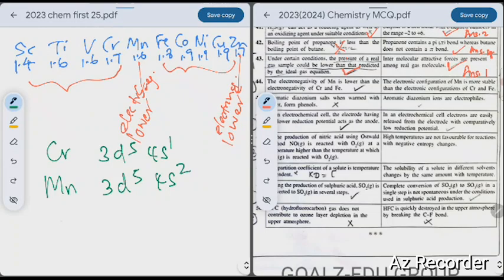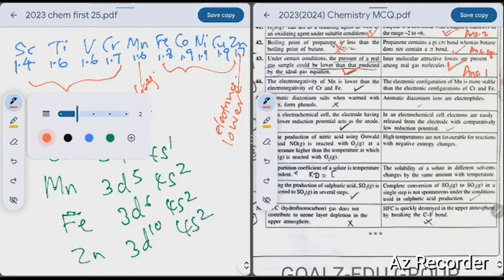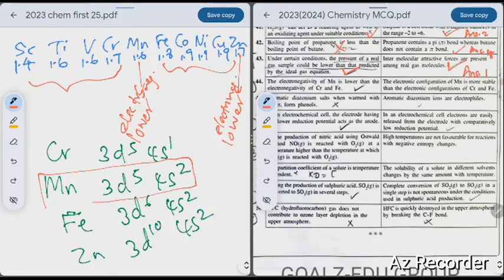Then iron is 3d6 4s2, and zinc is 3d10 4s2. Now these are stable configurations. You all know that. So when they are in stable configurations, their electronegativity values are lower. Therefore, manganese and zinc have lower electronegativity values than their adjacent atoms.